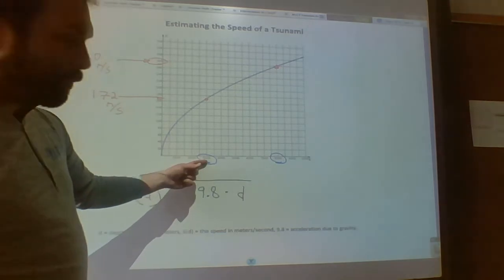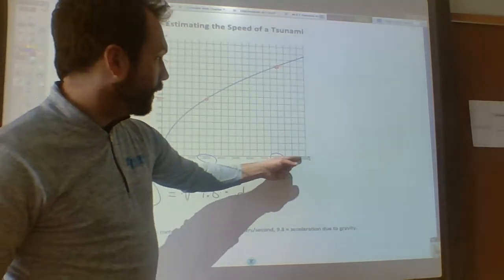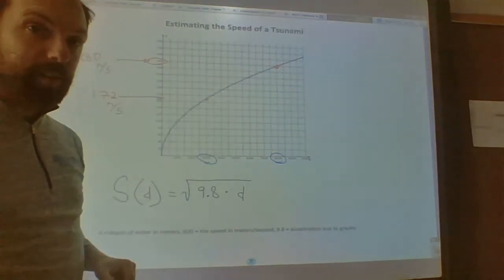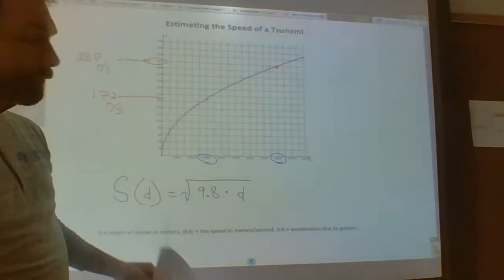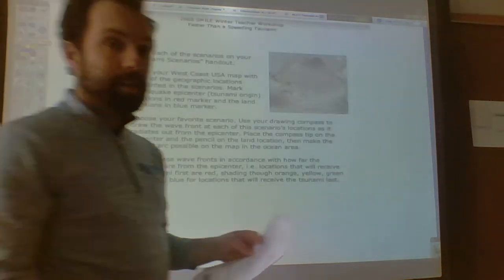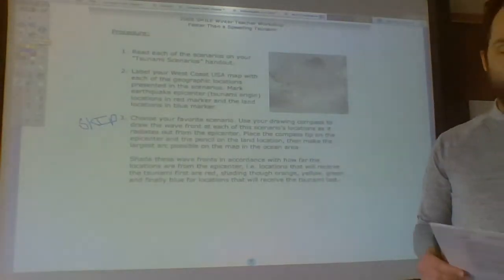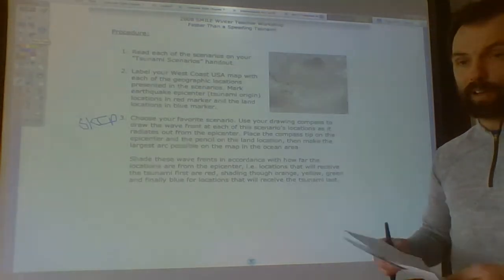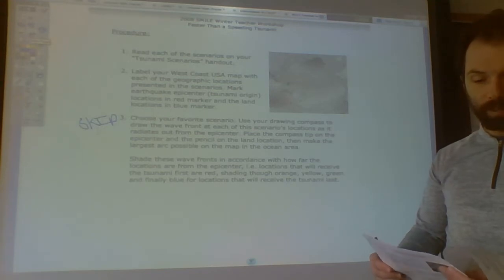So we can see that as the water gets deeper, the speed of the tsunami increases along the graph of the function. All right, so to get to it, your job as a scientist, you are going to have to select one of two scenarios.